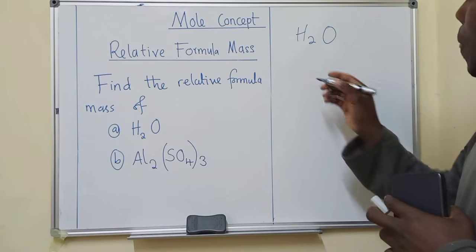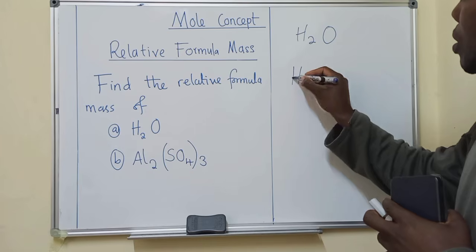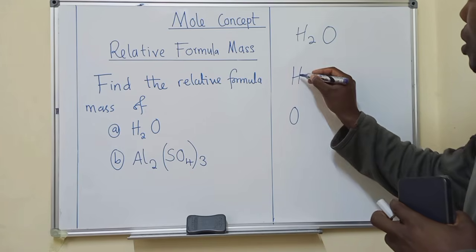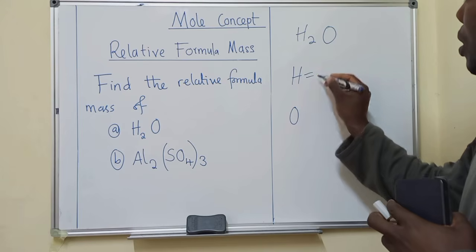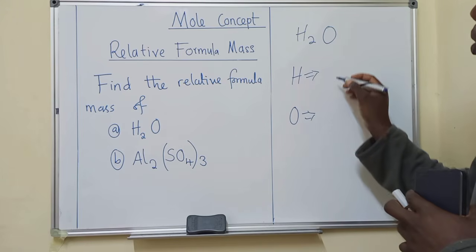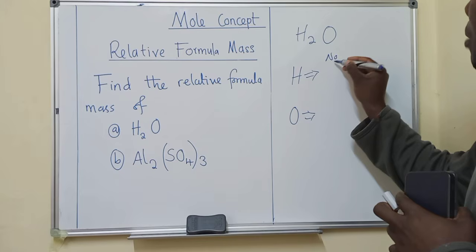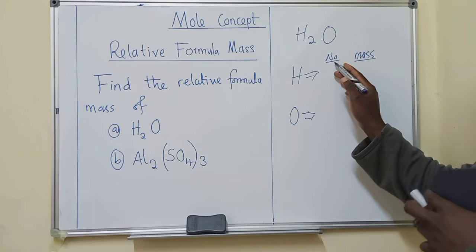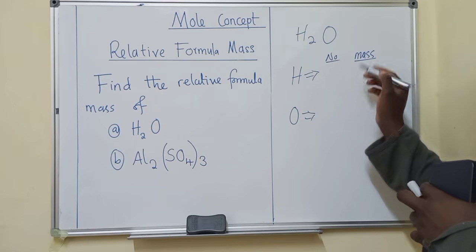Oxygen is 1. So you list each element. So I've got H and O, you put them like this so that you understand what you need to do. So here we'll put the number of atoms, and here is the mass number.